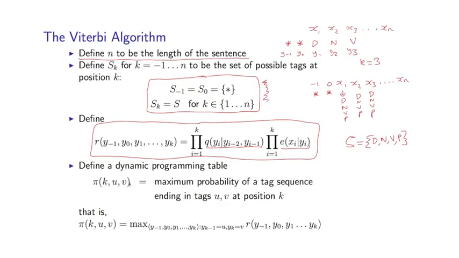Okay, so pi k u v. k can take any value in 1, 2, up to n. u takes any value in S k minus 1, and v takes any value in S k. So this is going to be the maximum probability of any tag sequence ending in tags u v at position k.